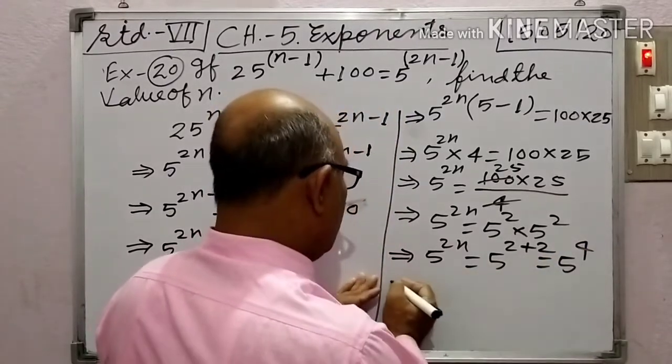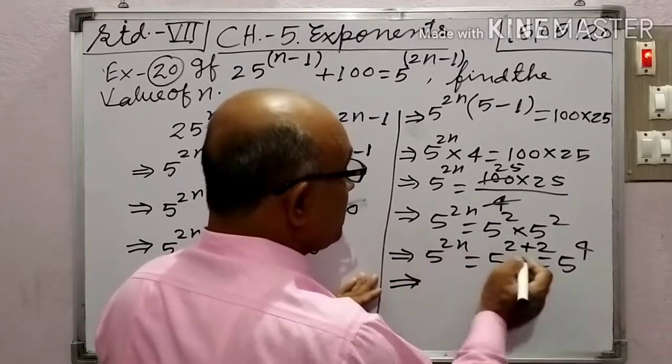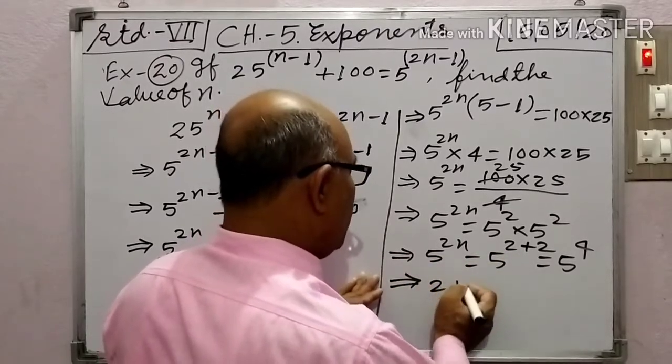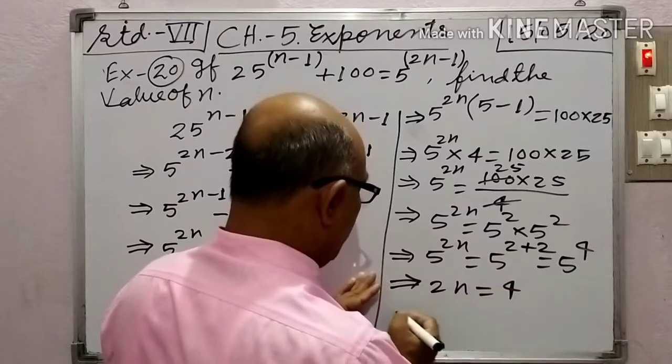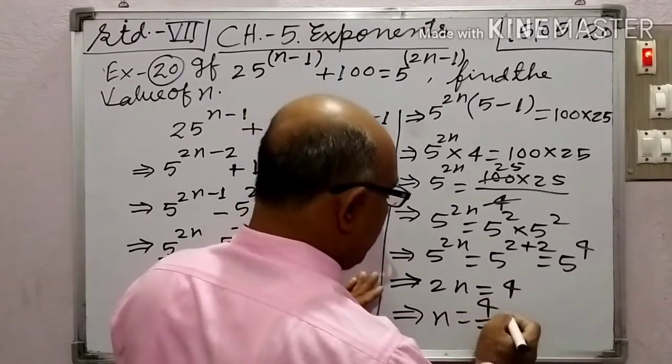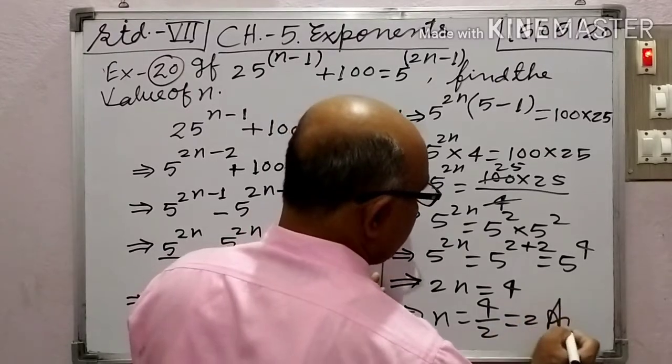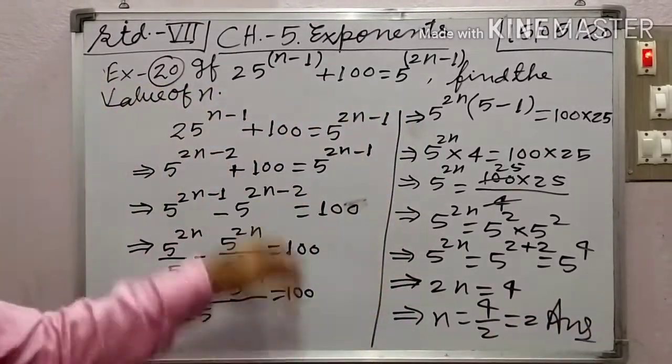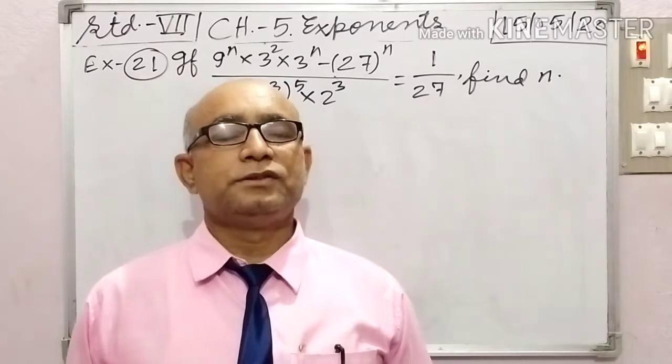Bases are equal, so indices are also equal. That implies 2n equals 4, so n equals 4 by 2 equals 2. Answer. Write it.